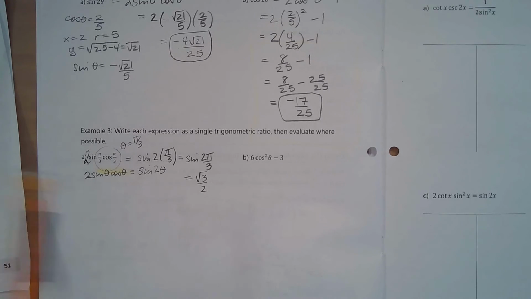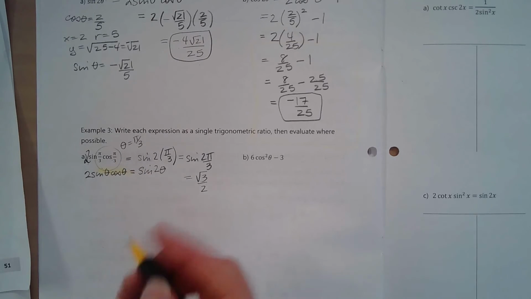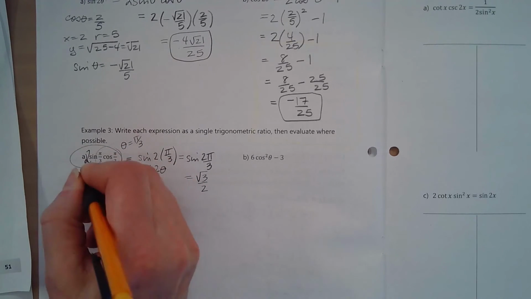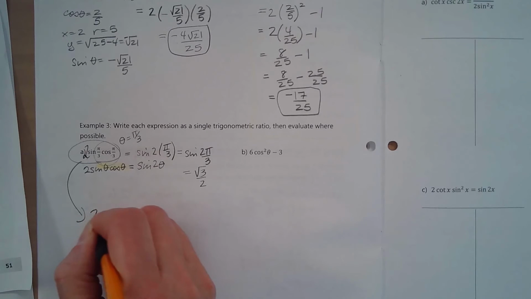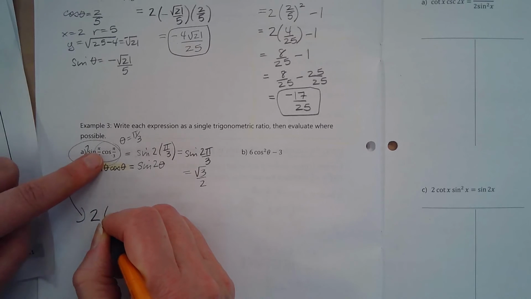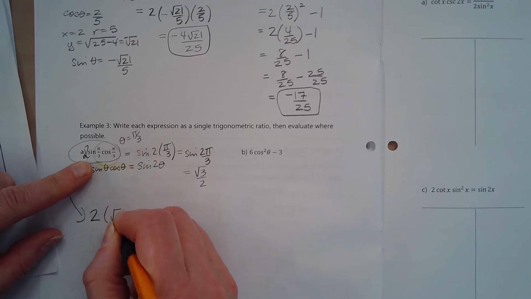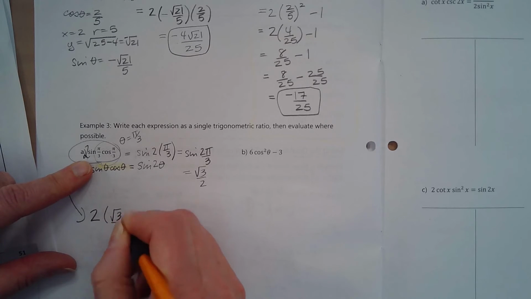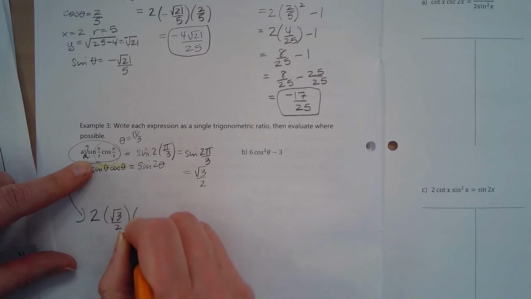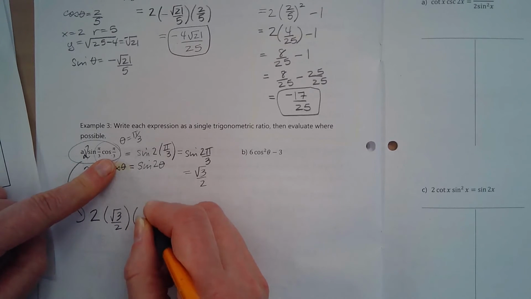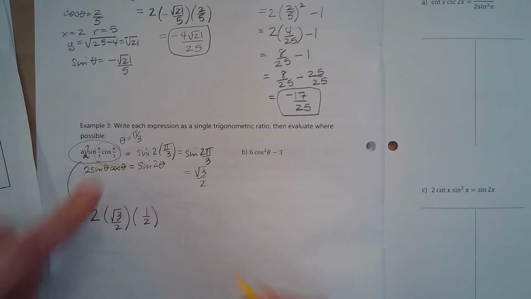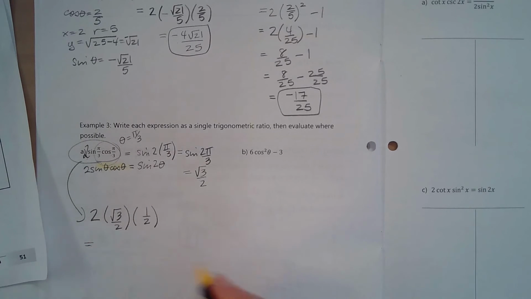Now, for this one, we could actually do it the long way, right? The long way would be 2 times sine of pi on 3, which is root 3 on 2, times cos of pi on 3, which is equal to 1/2, right? And then if I did all my math, it would be 2 roots of 3 over 4, or root 3 on 2.